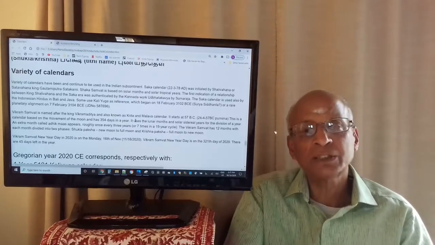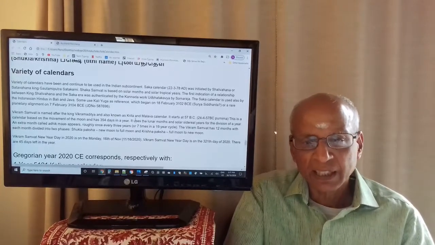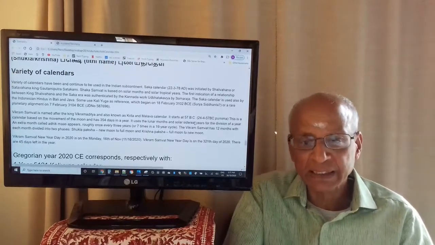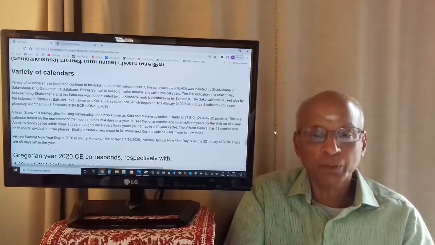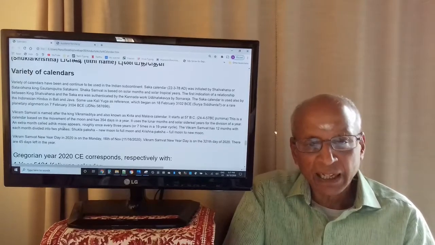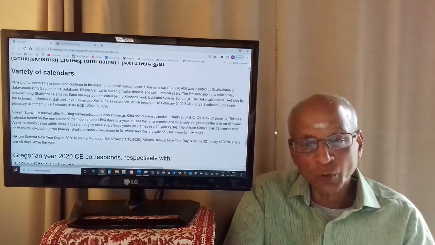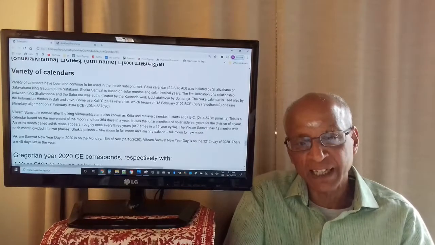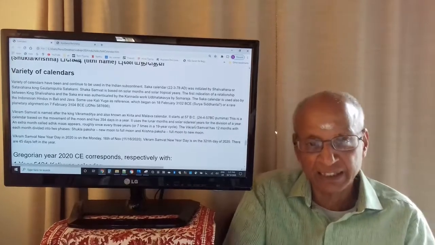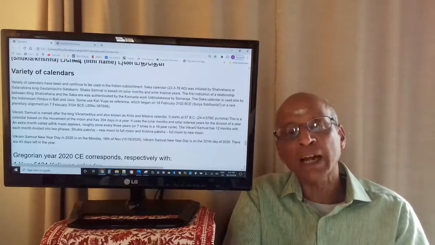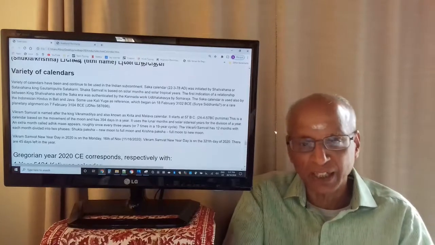The other is the Vikram Samvat calendar. There are also many versions. It starts around 57 BC. It works on the moon, that is, the phases of the moon as a month. So 12 months of the moon make around 354 days a year, leaving an extra 11 days. So after 2 or 3 years, there will be an Adhika Masa, an extra month.